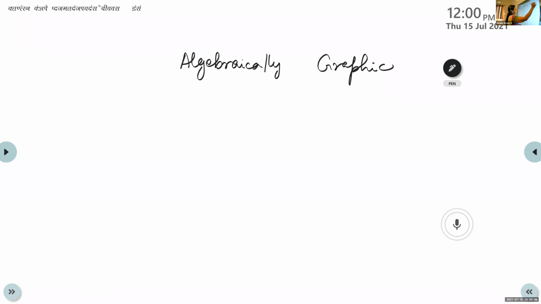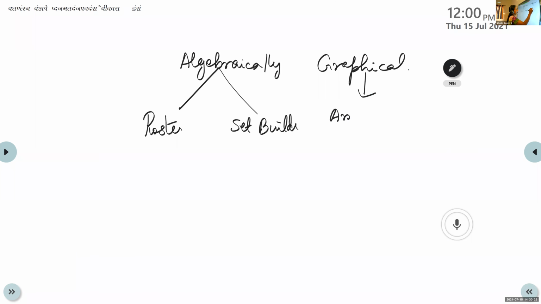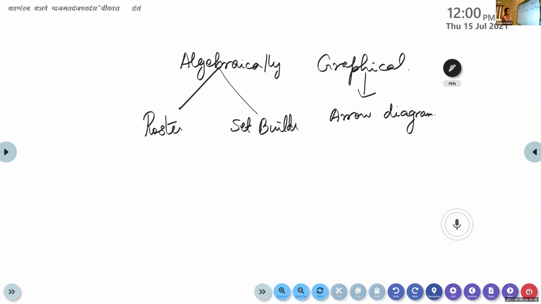In algebraic form, we have two ways: roster and set builder. In graphical form, we have the arrow diagram. So in total, we have three ways of representation.